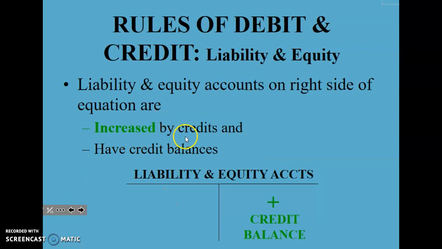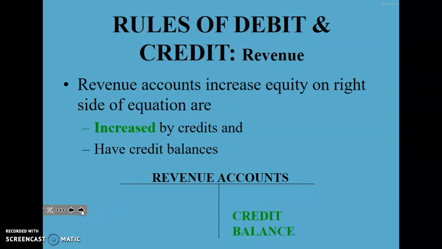For liabilities and equity accounts, they are increased by credits and they have credit balances. So that's how you increase them, you credit them. Revenue accounts are the same way. They're increased by credits and they have a credit balance.